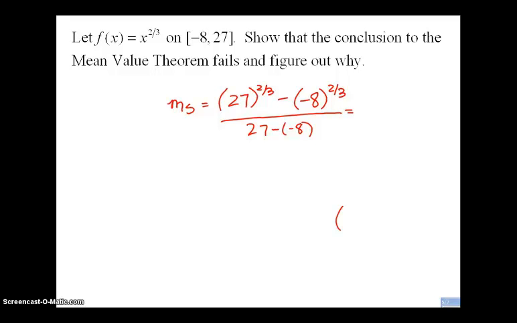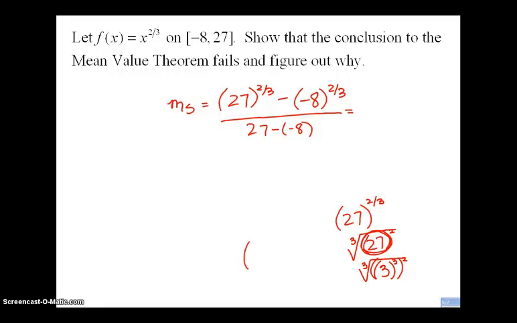I'm going to come down here and I want to talk to you about working problems like this without your calculator, because you're going to have to know how to do this. Remember that the numerator is the exponent and the denominator is the root. And possibly the best way to do this is to realize that 27 is 3 cubed, and we want to square that, and we want to take the cube root of that.